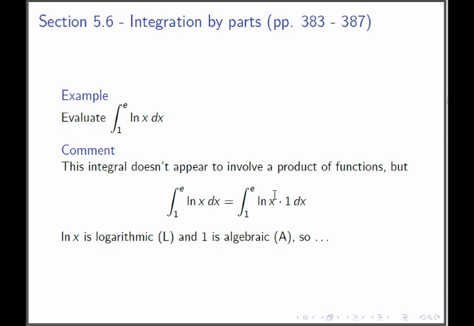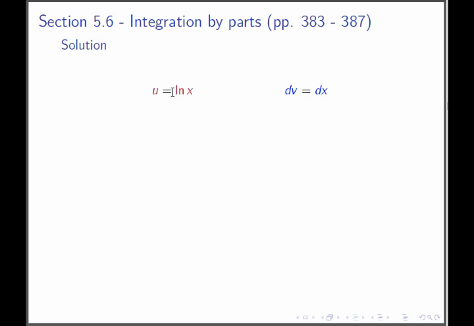Natural log is a logarithmic function, and 1 is algebraic, and therefore u should be the logarithmic function. That was higher up than algebraic. And so dv should be just the remainder of the integral. In this case, it was just dx. Okay, then let's take the differential of both sides to find du, and let's integrate both sides to find v. So du becomes 1 over x dx, and v is just x. Again, we don't put the plus c here.